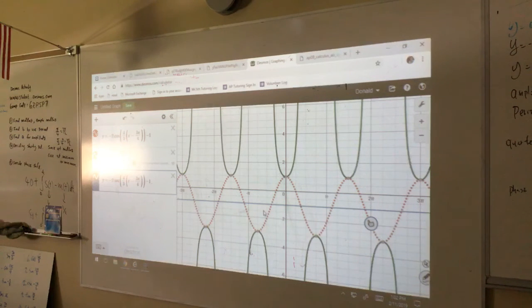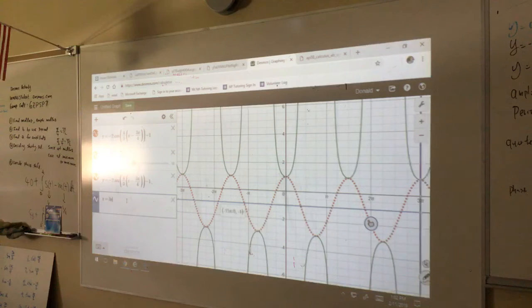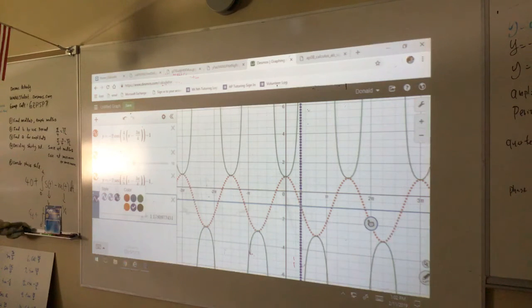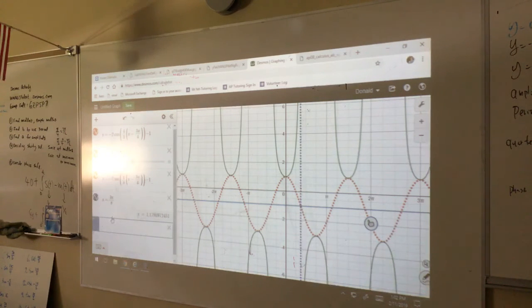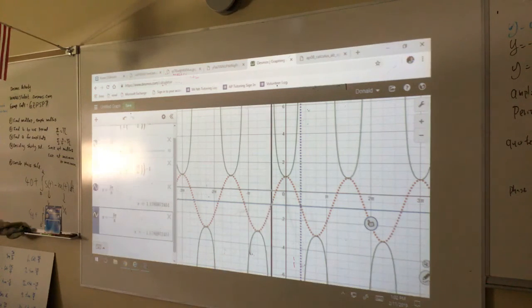I'll show you what the asymptote is. See this point that's intersecting is at 3 pi over 8. So x equals 3 pi over 8. That is my asymptote. And x equals -3 pi over 8. Don't worry, I'll give you a couple more.